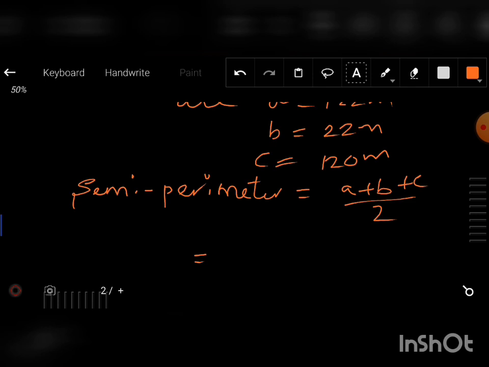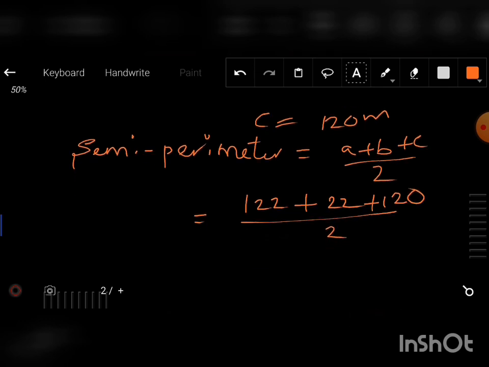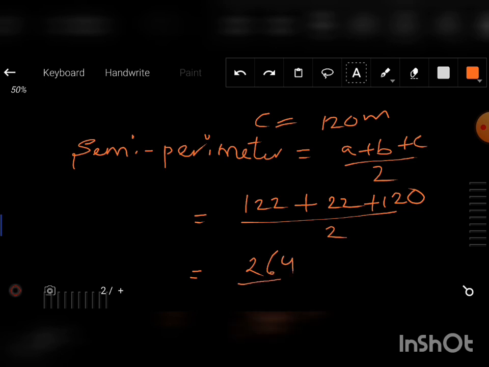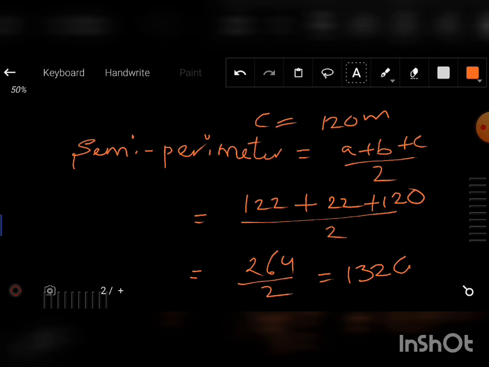equal to 122 plus 22 plus 120 by 2 equal to 264 by 2 equal to 132 meters.